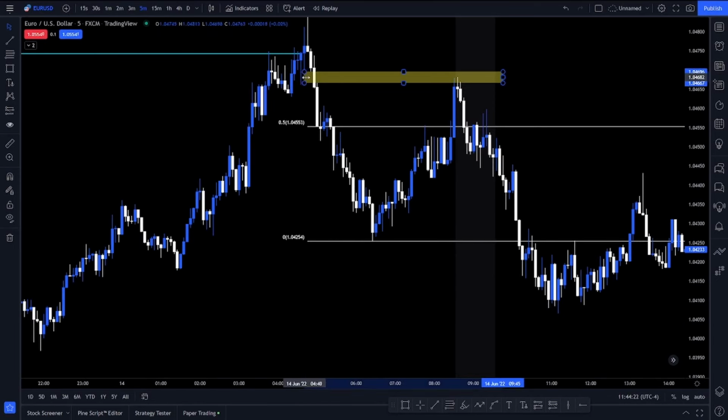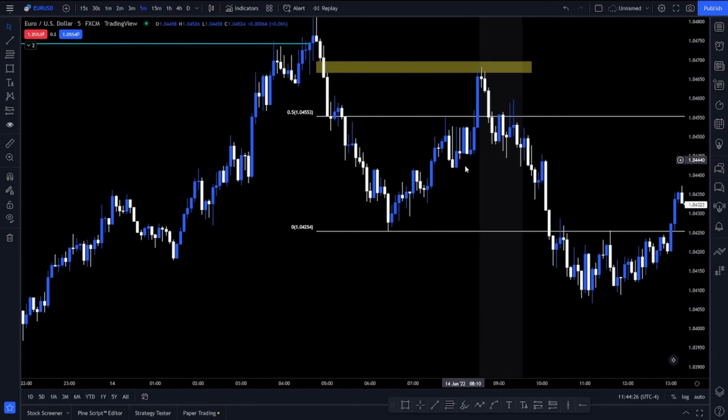Okay, and over here you can also see that if you don't want to enter over here, you can wait for another breaker, like over here. Price gave another fair value gap. Over here, another fair value gap.